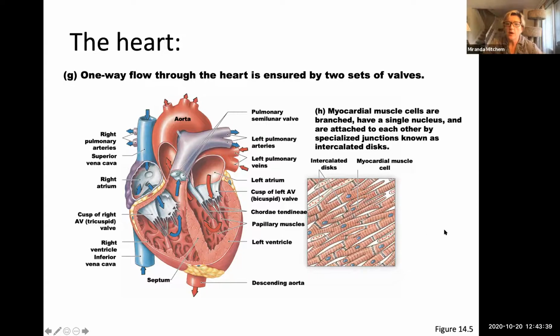So myocardial muscle cells are branched. They have one nucleus per cell. That's different from skeletal muscle. And they are connected by these specialized junctions called intercalated discs. There are many mitochondria present in myocardial tissue so that it has energy to keep doing its job.